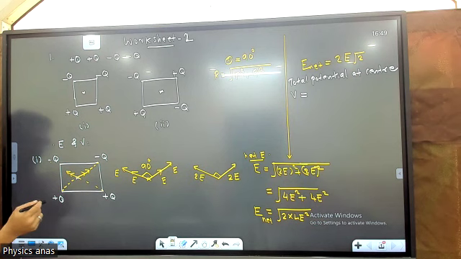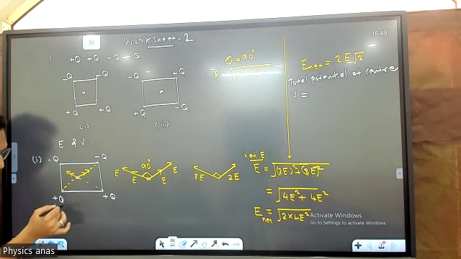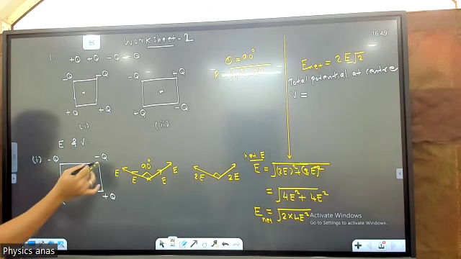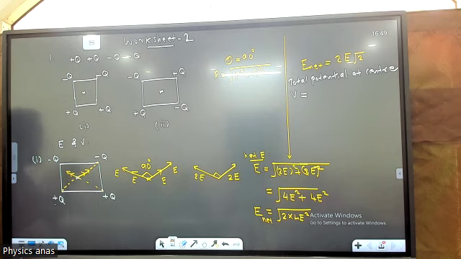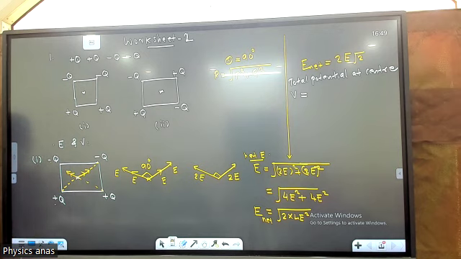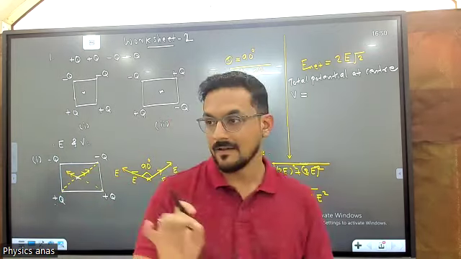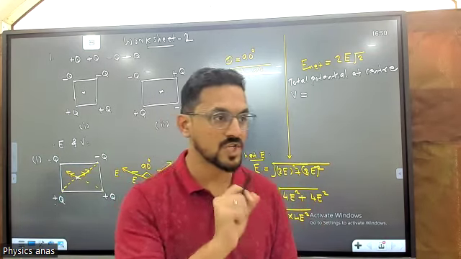There will be potential due to this plus Q, right? This plus Q will be giving a potential at the center. And there will be a potential due to this minus Q here, and plus Q here. And at the same point, there will be potential due to minus Q also. So what will be the total potential at the center?